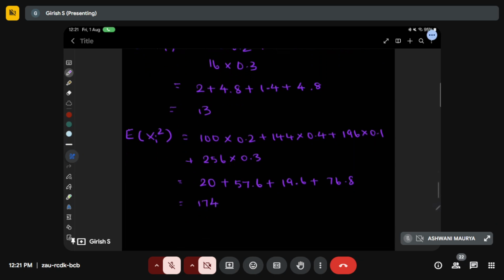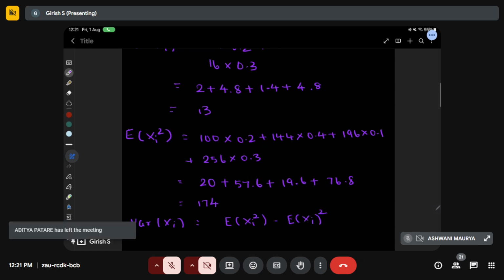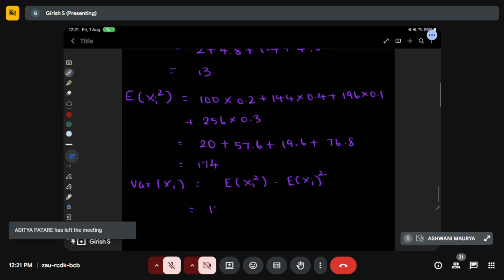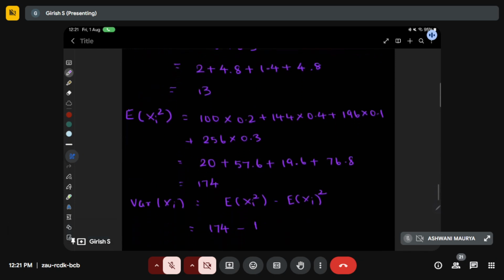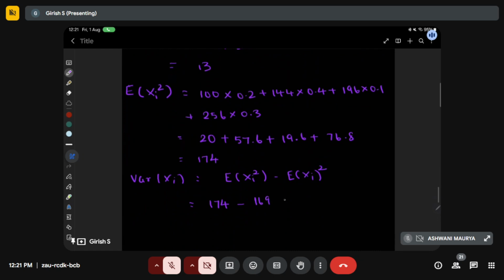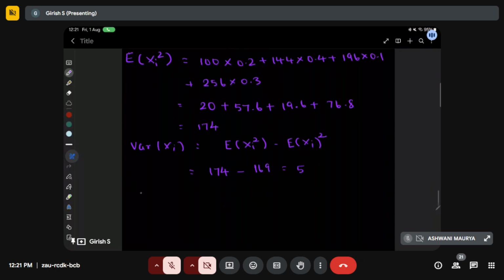Now variance of xi is nothing but expectation of xi square minus expectation of xi whole square. So that can be written as 174 minus 13 square, which is 169. So SD of xi will be root of 5.